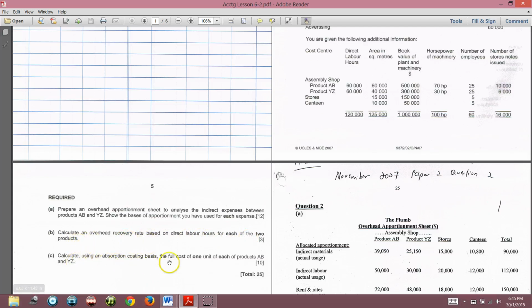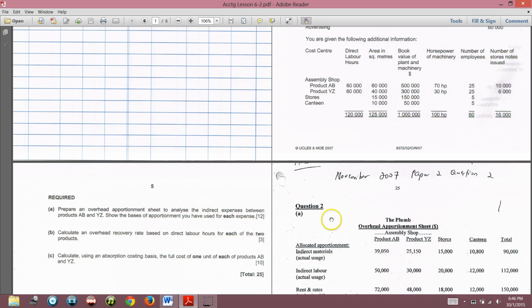C, calculate, using an absorption costing basis, the full cost of one unit of each product, AB and YZ. So part A says prepare an overhead apportionment sheet to analyze the indirect expenses between AB and YZ, showing the basis of apportionment you have used for each expense.